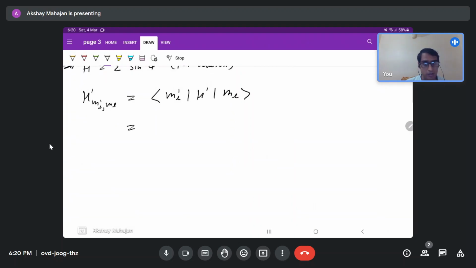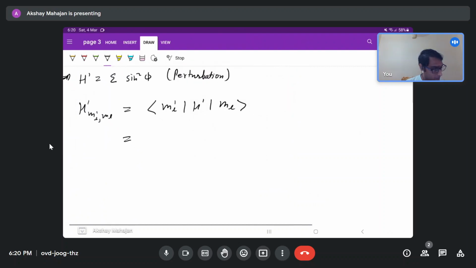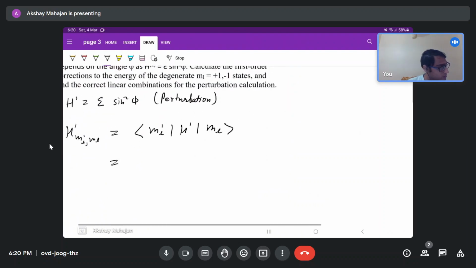Now we know how this wave function is given. Let me write it for psi ml.